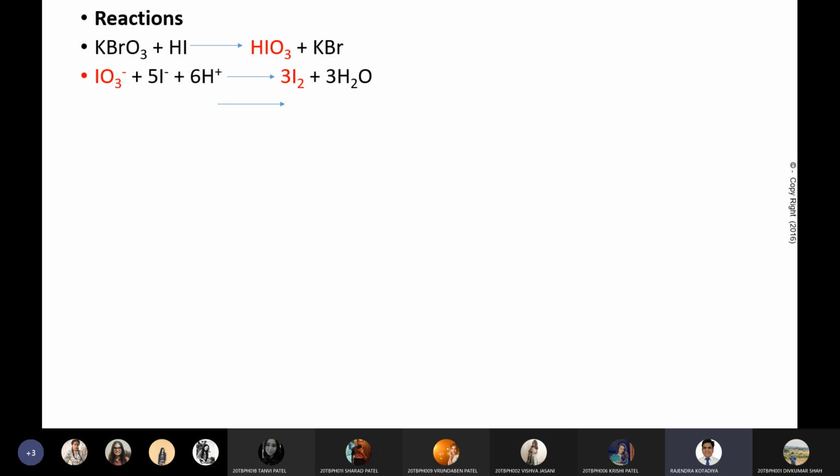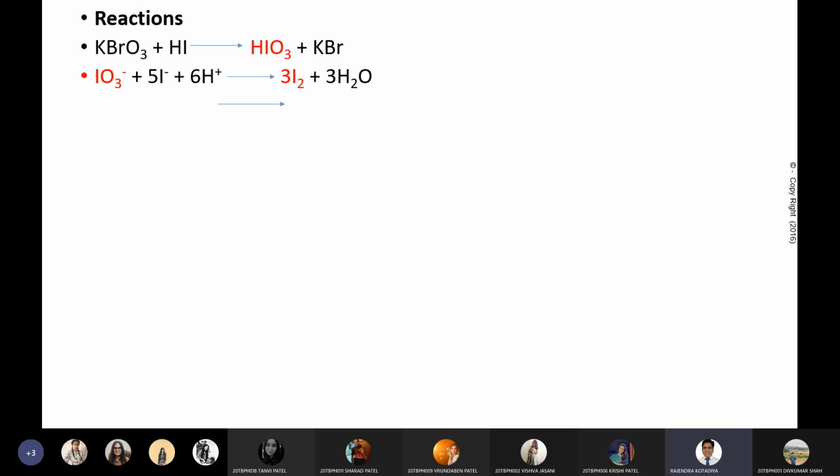This HIO3 will further ionize in the presence of the further mediums in our conical flask. So there is a change, or a rearrangement, of oxidation state. You'll find further distribution of electrons, and because of that there is a formation of three molecules of iodine.